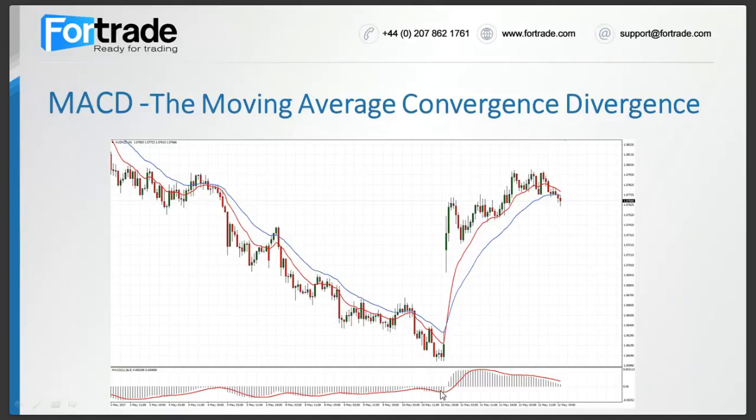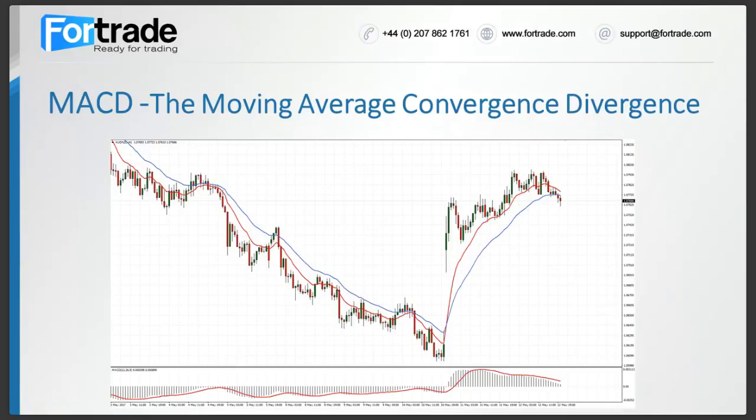The signal line, which is usually colored red, is just a moving average of the MACD values themselves. Typical values for MACD are 26 and 12 for the exponential moving averages and 9 for the signal line.